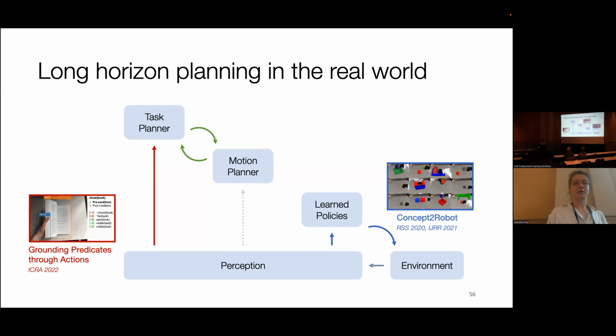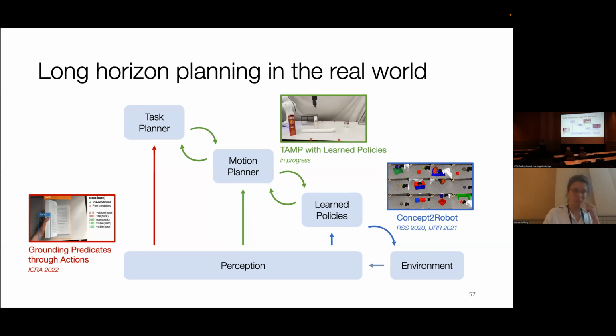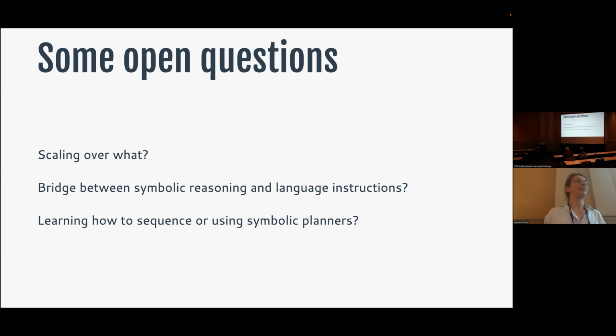Yeah, so with that, what we're currently working on is to actually connect these different works together and automatically sequence them. And here are some open questions that I want to close this talk with that we can maybe discuss, maybe in the panel even, or if you have questions about. So this scaling robot learning, I'm wondering scaling over what exactly?